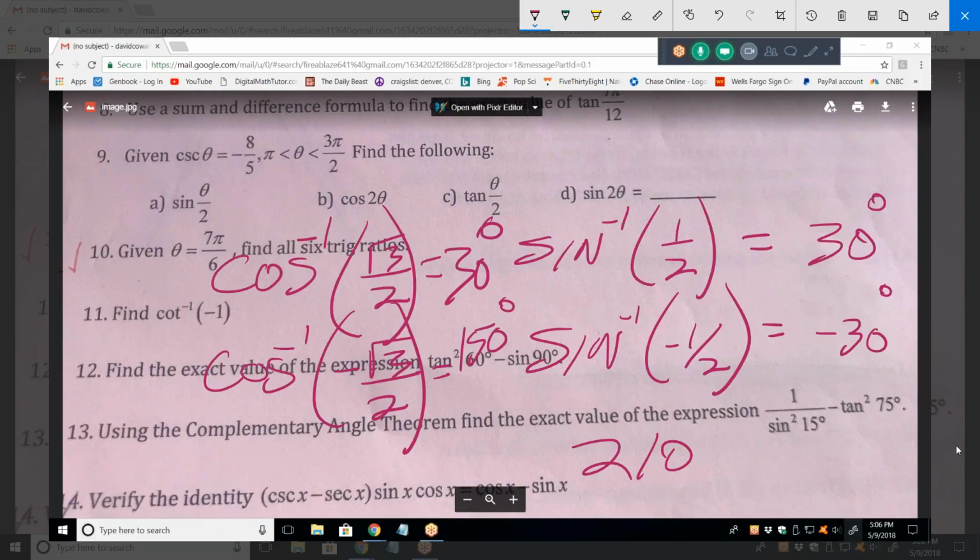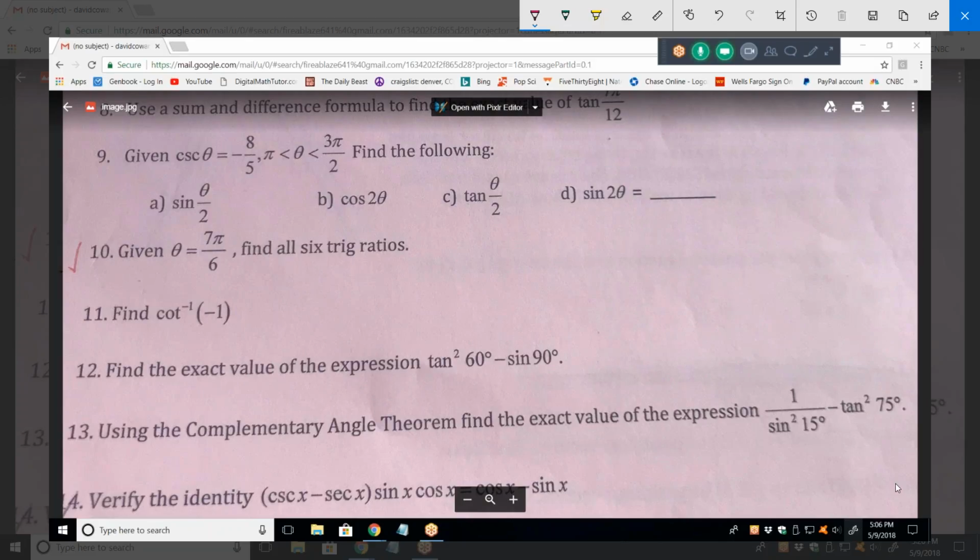Now, that's difficult to explain to you when your calculator's showing you something else, but when you take the inverse tangent of -1, you're going to get a fourth quadrant angle, always.